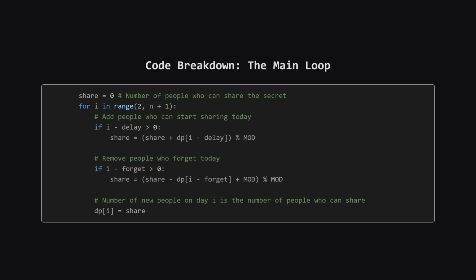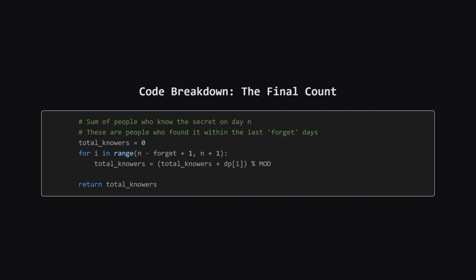If so, we find the group of people who learned back then and add them to our share count. Then we check, have forget days passed? If so, we find the group that learned that long ago and subtract them. This updated share count is exactly the number of new people who learn the secret today, so we store it in our DP array.